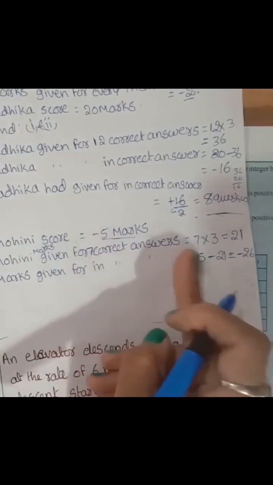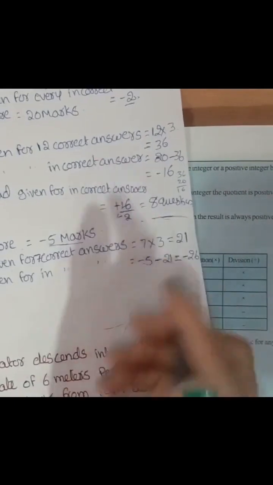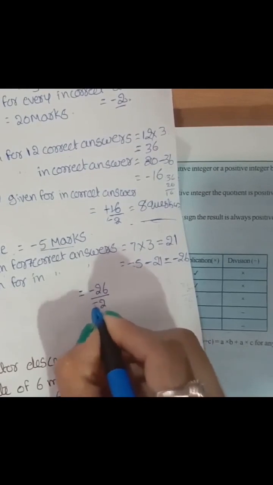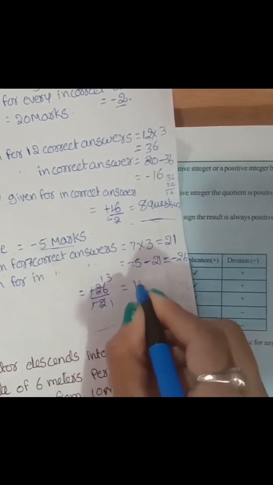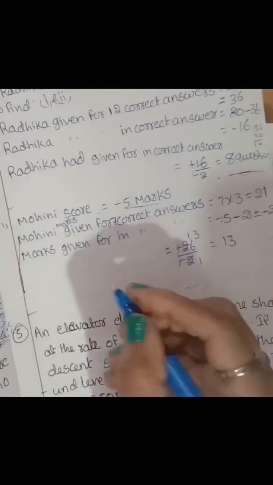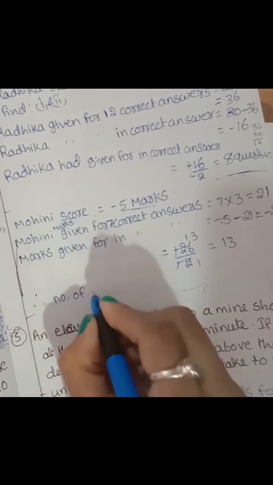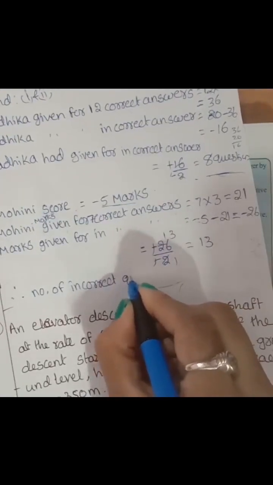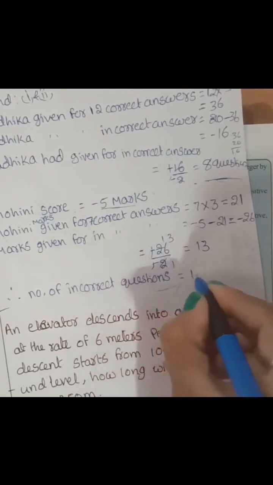So for every incorrect answer, the marks are minus 2 only. So minus 26 by minus 2, the minus signs cancel. So 2 1s are 2, 2 2s are 4, 2 3s are 6, so that's 13 only. And how many questions she attempted incorrectly? Therefore the number of incorrect questions is equal to 13 only.